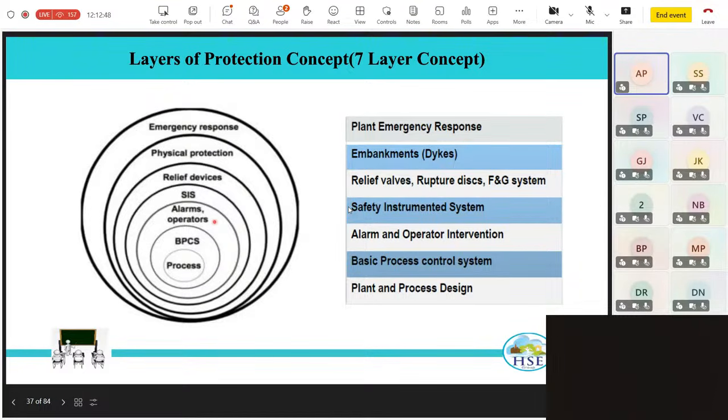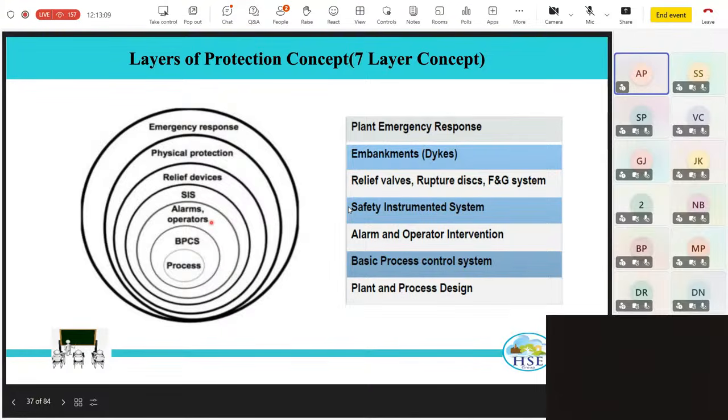But is it always preferable to depend on manual intervention? Not necessarily, isn't it? You would ideally like the process control to take care of itself, but it is not always possible. The alarm comes, and sometimes the operator is not able to take action because he is busy somewhere else, or he forgets, or he ignores it, or whatever it is.